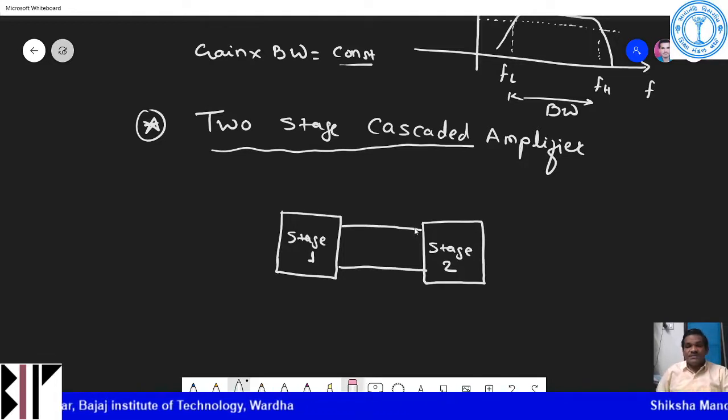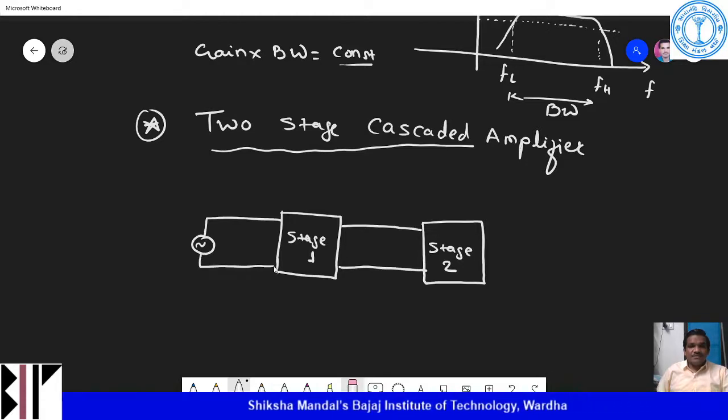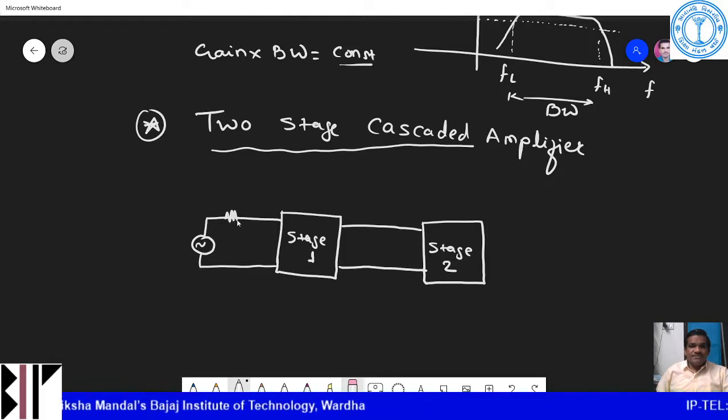Then here you can apply AC voltage. And of course there is one source resistance also, that is RS.